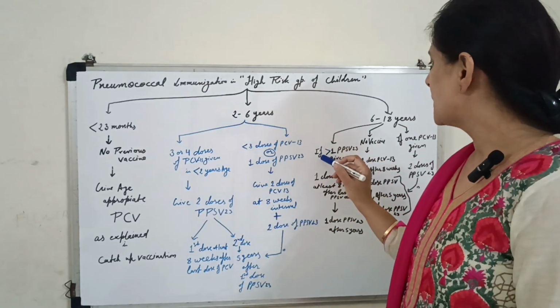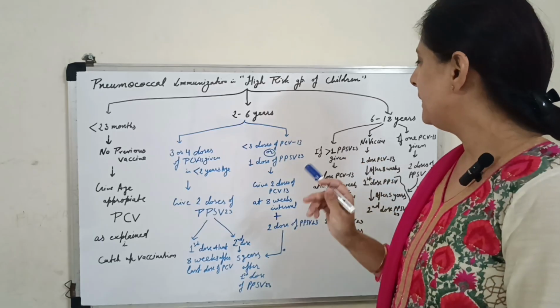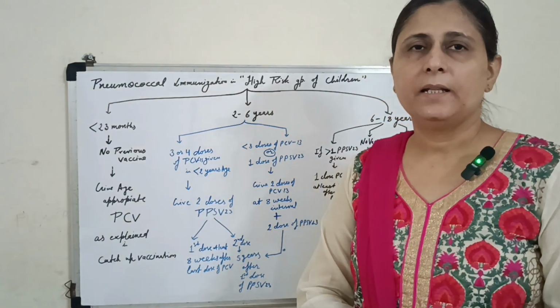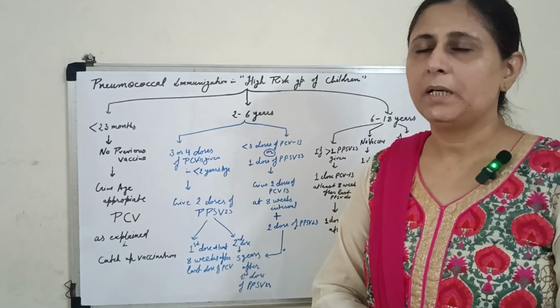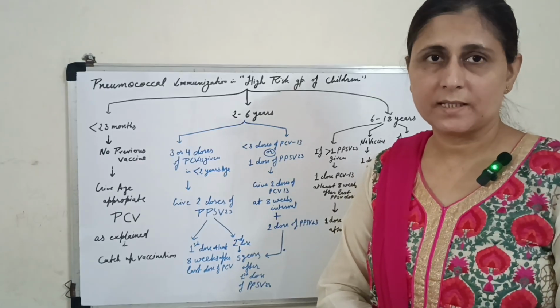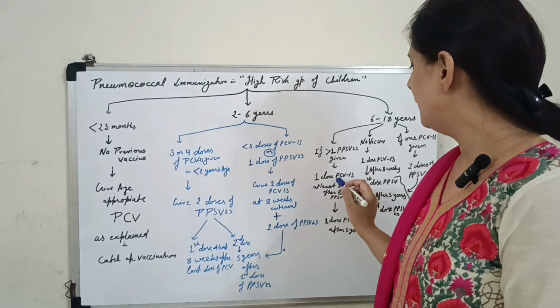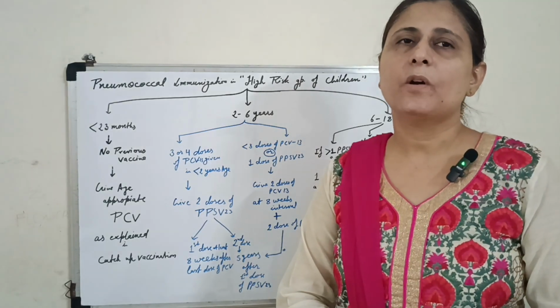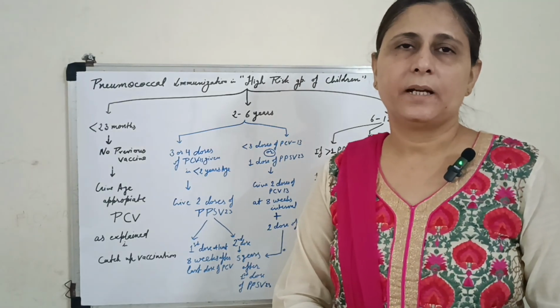If 1 dose or more than 1 dose of PPSV 23 was already received by the child in the high risk category, but no PCV 13 was received, then we have to give 1 plus 1: one dose of PCV13 plus one dose of pneumococcal polysaccharide vaccine.